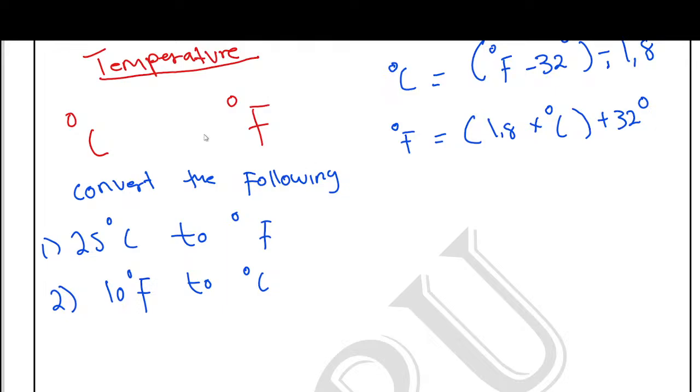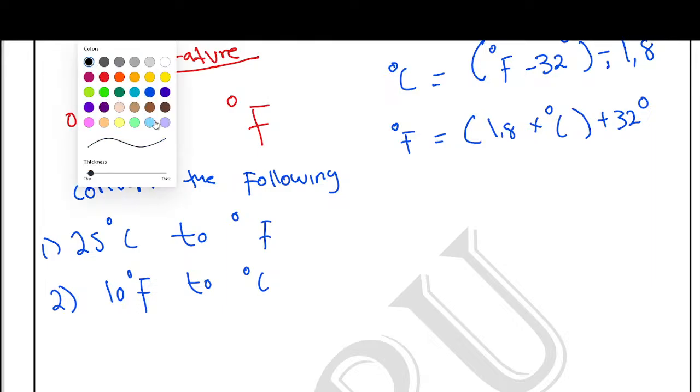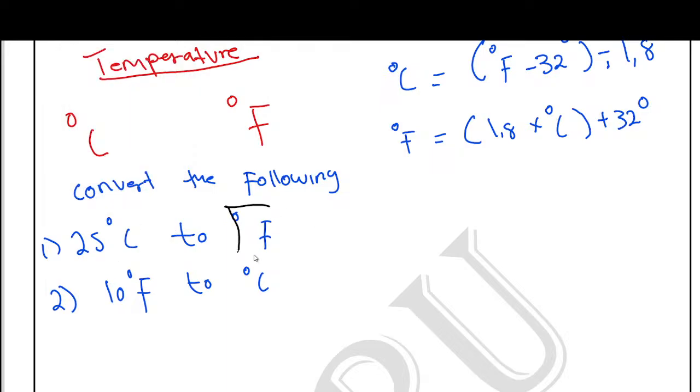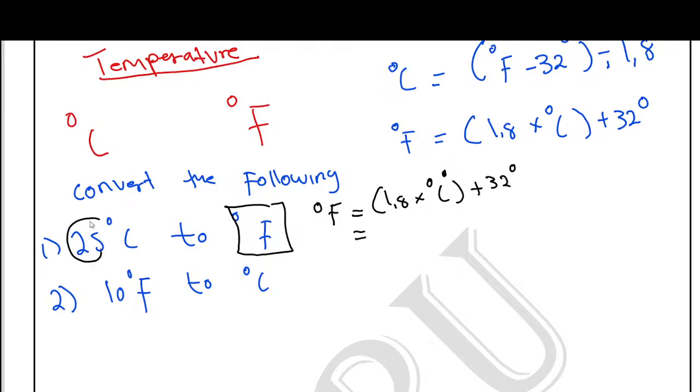So with number one, you go and take the formula to calculate what? Degree Fahrenheit. It says degree Fahrenheit is equal to 1.8 multiplied by degree Celsius plus 32 degrees. You are now going to substitute the degree Celsius with 25.